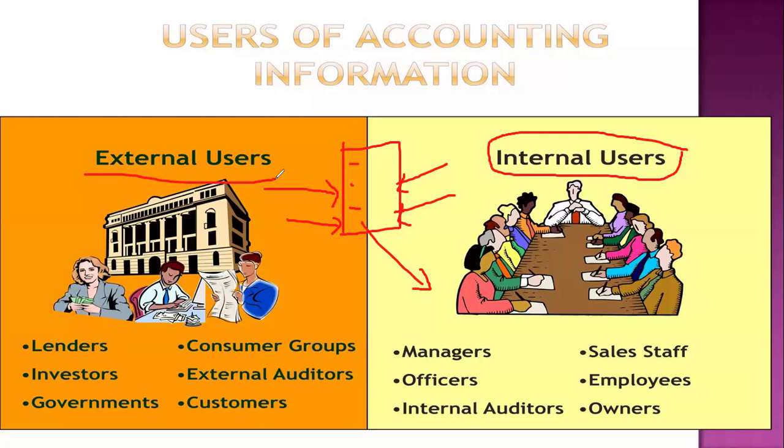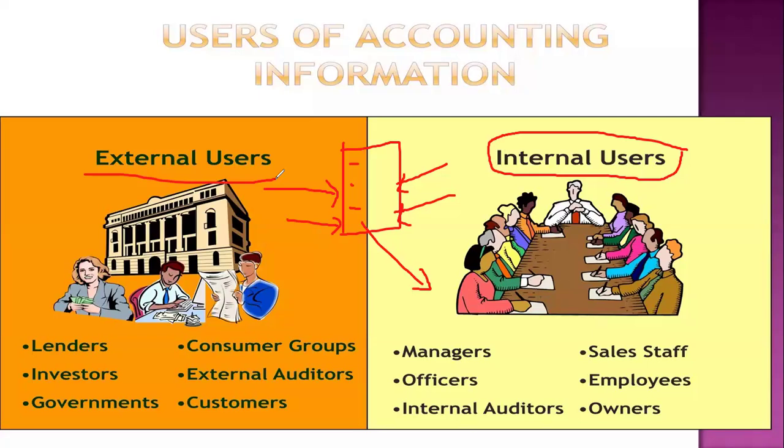And lastly, internal auditors use the accounting information to analyze frauds, to analyze the performance, and to cross-check the growth. So most internal users use accounting information for decision making, controlling, regulating, planning, and implementing these plans successfully.